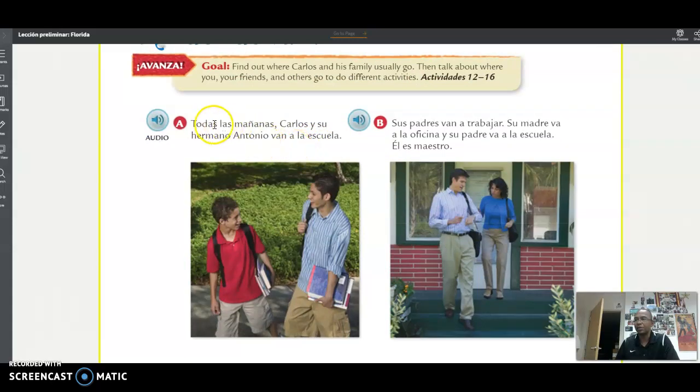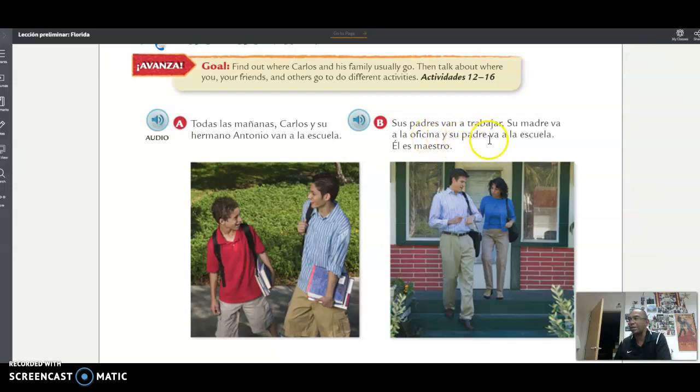Vamos a escuchar. Todas las mañanas, Carlos y su hermano Antonio van a la escuela. Todas las mañanas, Carlos y su hermano Antonio van a la escuela.